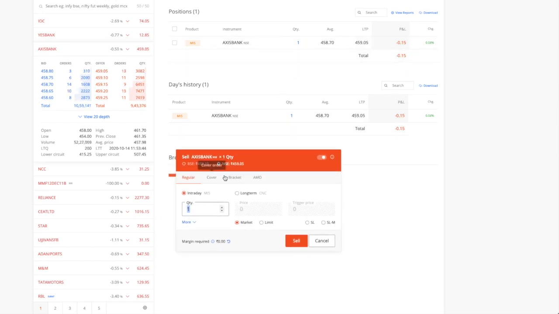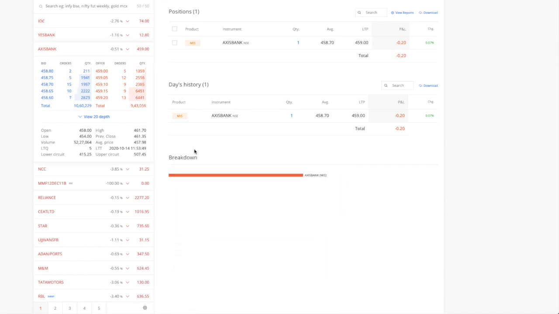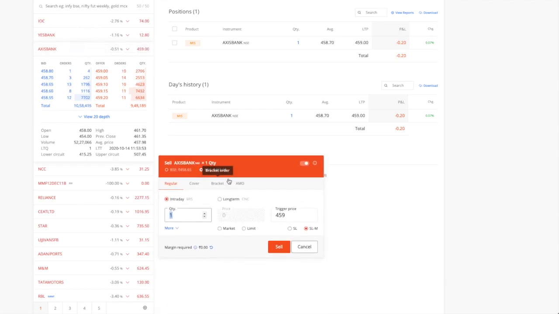Since I bought it, when I click on exit, the sell side comes. Either here I could do it, or there is another option here. I should be clicking on stop loss market. So let's say I'm keeping a stop loss at 458.5. If the price drops below 458.5, I should be clearing my positions.